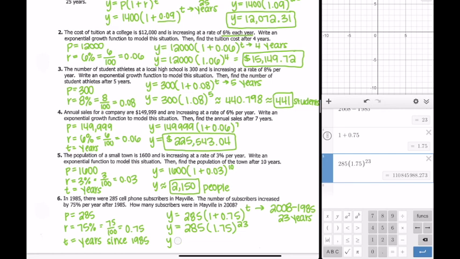So we're going to round this to the nearest whole number because we're talking about whole people. So that's 110,845,988 subscribers.